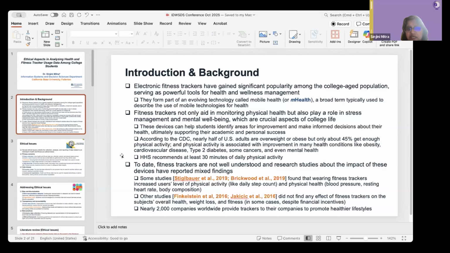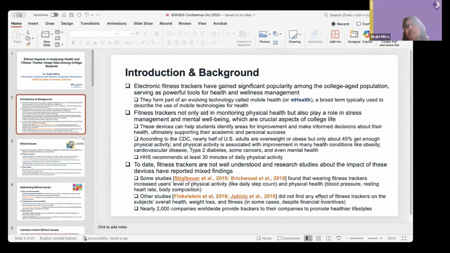One study found that wearing fitness trackers increased users' level of physical activity, like daily step count, and physical health, like blood pressure, resting heart rate, and body composition. Some other studies did not find any effect of fitness trackers on subjects' overall health, weight loss, or fitness.